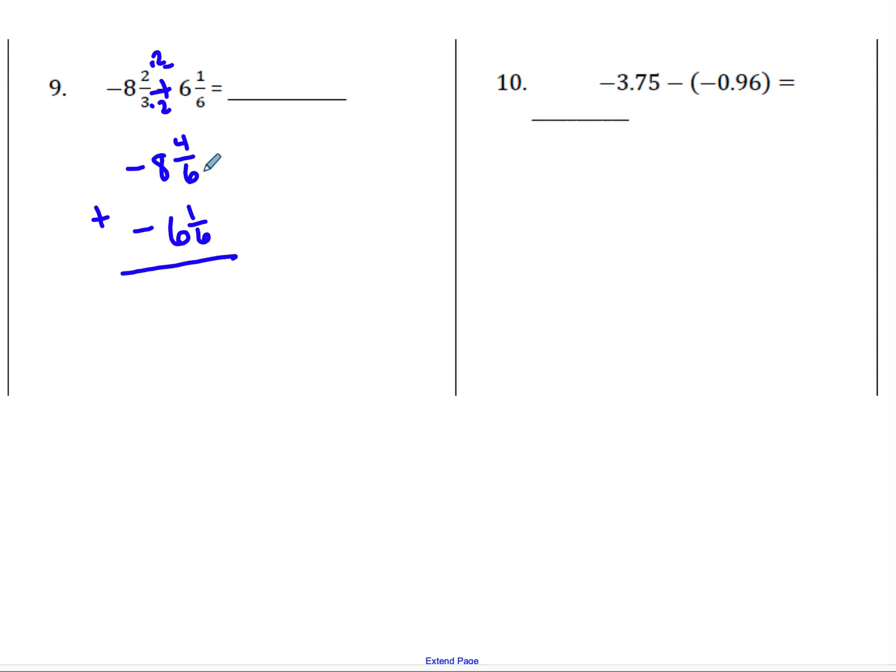Okay, so 4/6 plus 1/6 is 5/6. 8 plus 6 is 14. Same sign, both negative numbers. Answer is going to be negative. Negative 14 and 5/6.